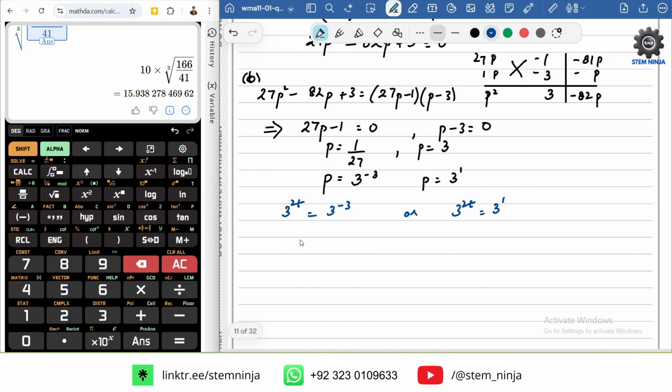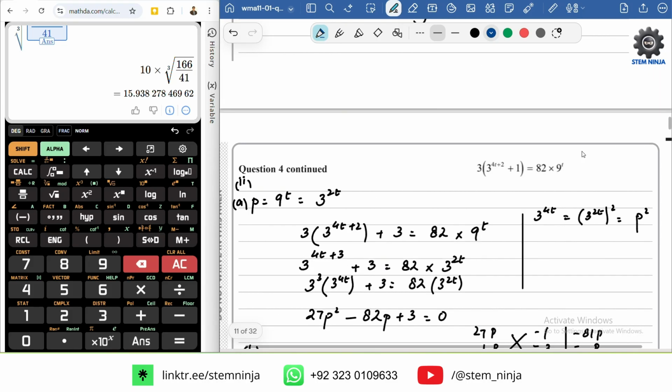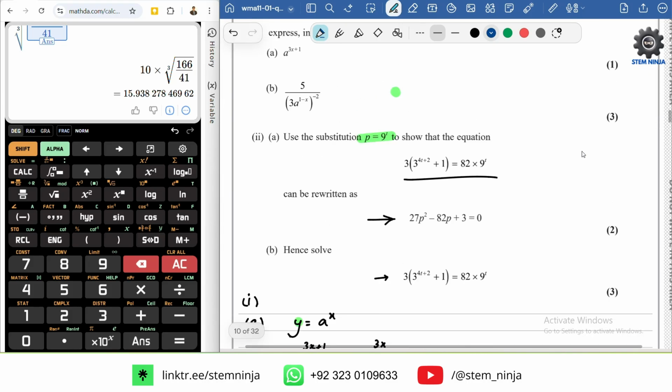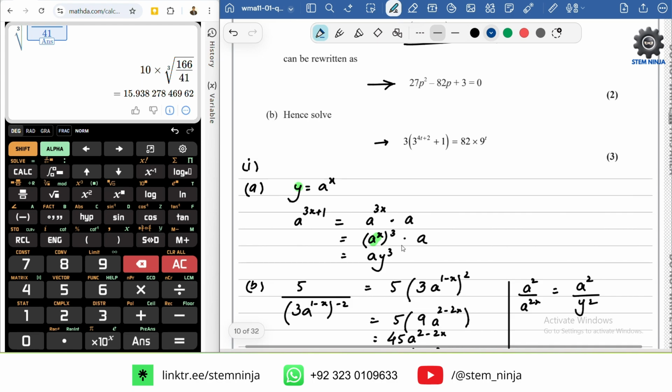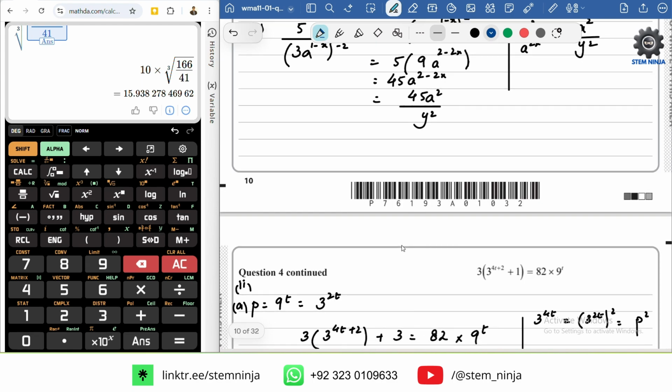This means that either 2t is minus 3 or 2t is 1. So t is either minus 3 over 2 or t is equal to 1 over 2. Now the equation has been solved. Alright, so let's move on to the next question.